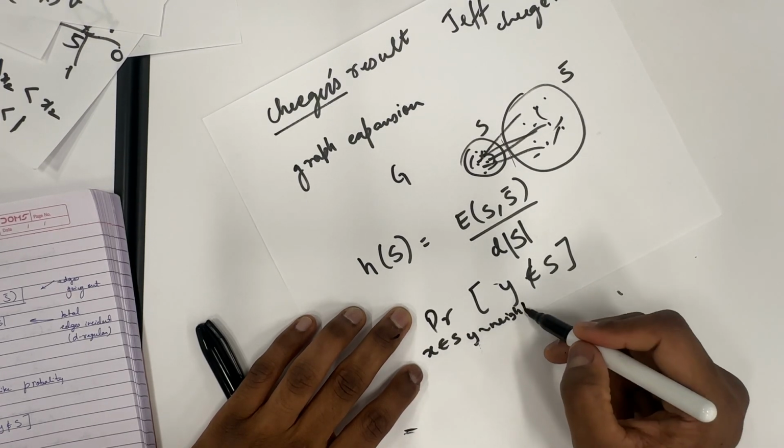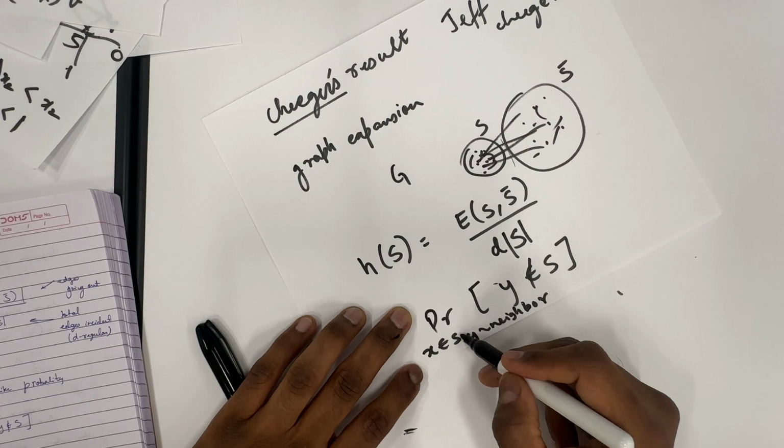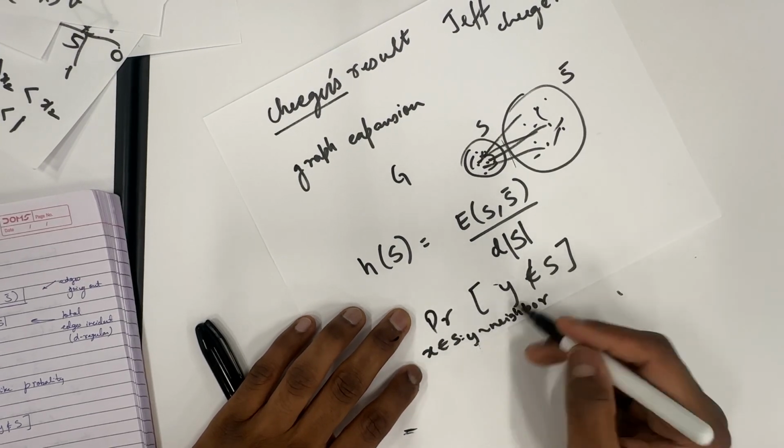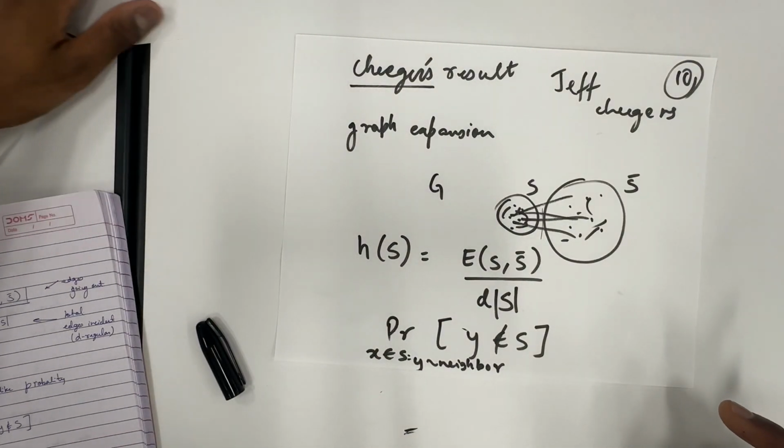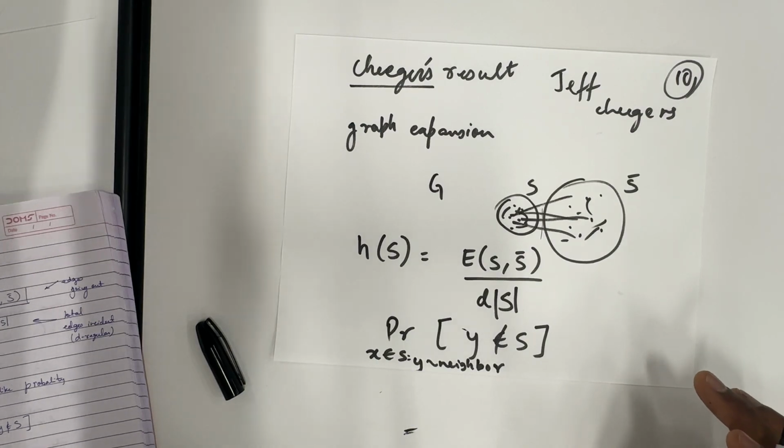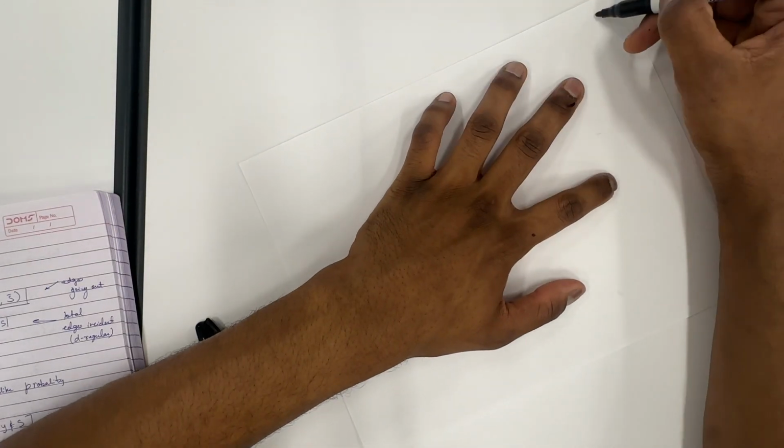So what's the probability that I am going out of my set? That's the kind of intuition you can have of this quantity.